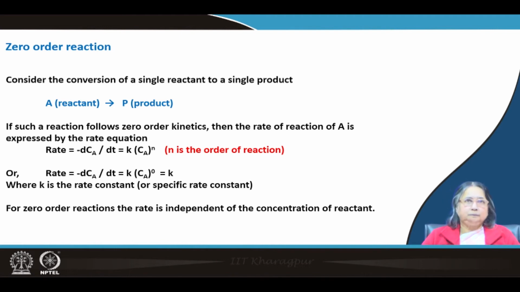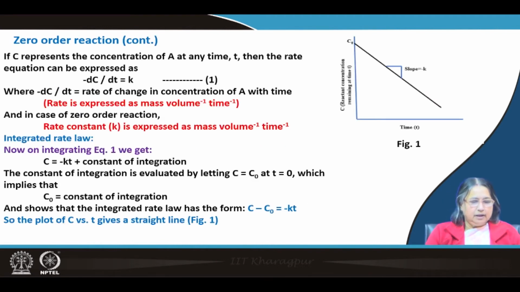Now, in case of zero order reaction, to make it simplified, I have removed the subscript A, since it is a lot to write dC_A/dt every time. We have seen in the previous slide that the rate, minus dC_A/dt, is nothing but k. This is for the zero order reaction.